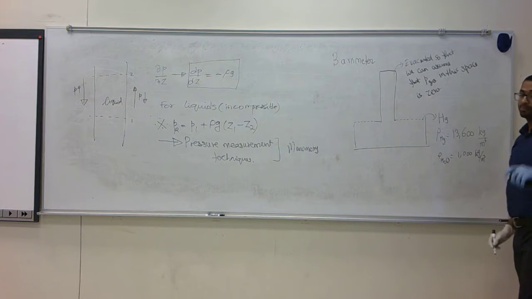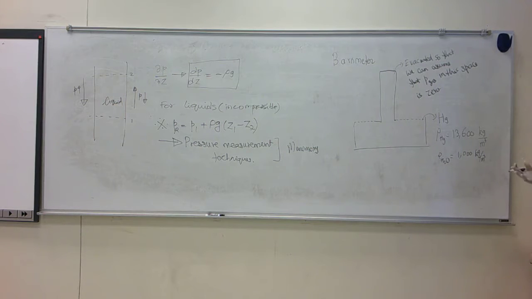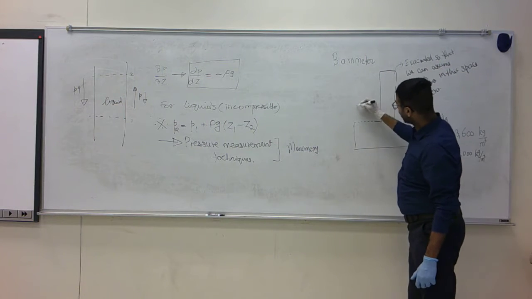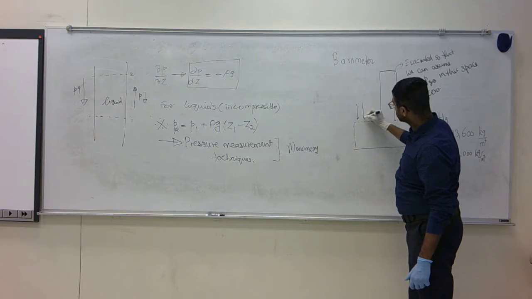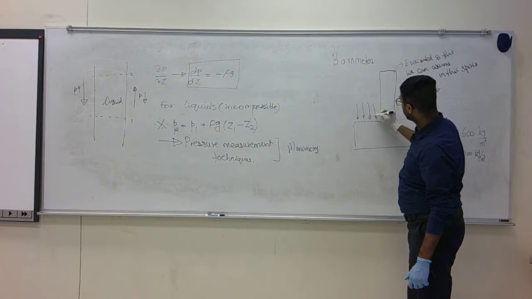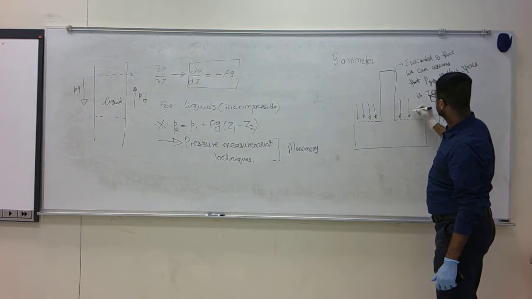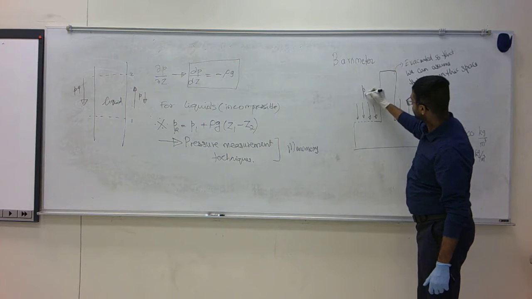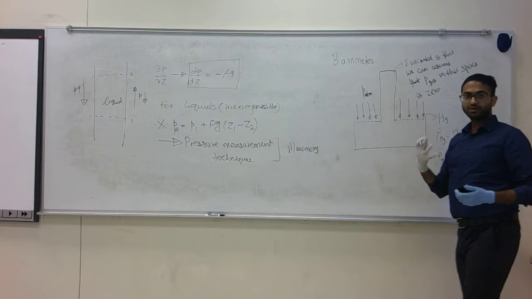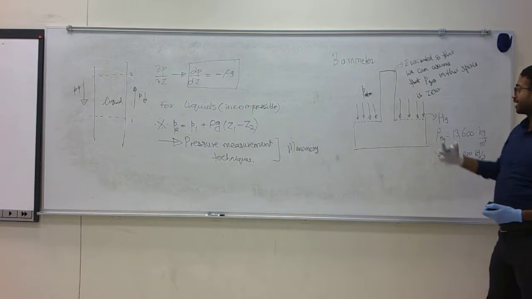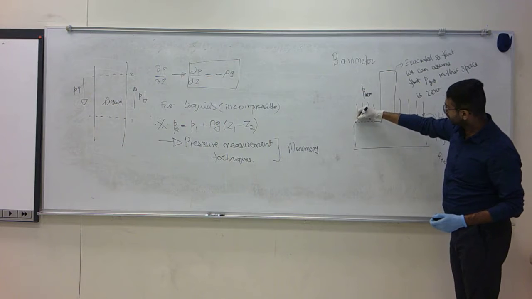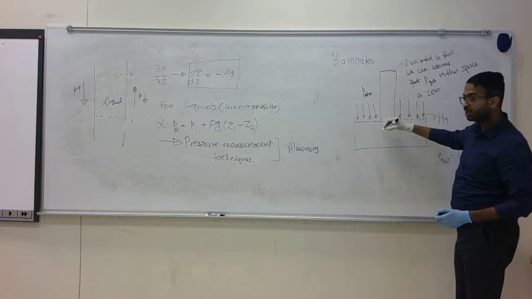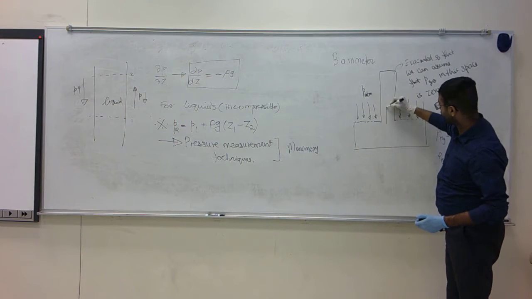What will happen is, you have the atmosphere here exerting pressure on the mercury. This is atmospheric pressure. Atmospheric pressure is due to the gas molecules collectively exerting pressure on the surface of the mercury liquid, which causes the liquid to rise up.